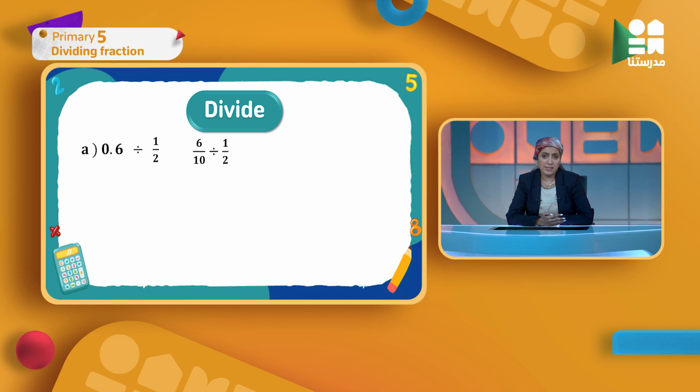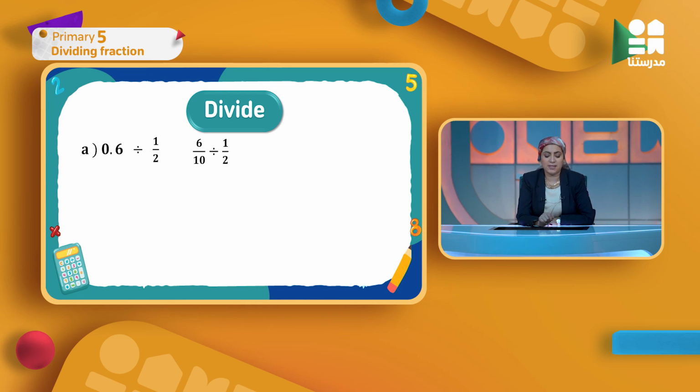Now I follow the steps that I am used to. I will go back and do what I used to do. The first fraction, will there be any change? Of course not. It stays as it is.